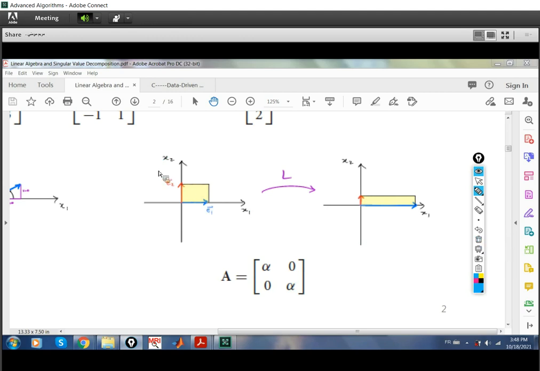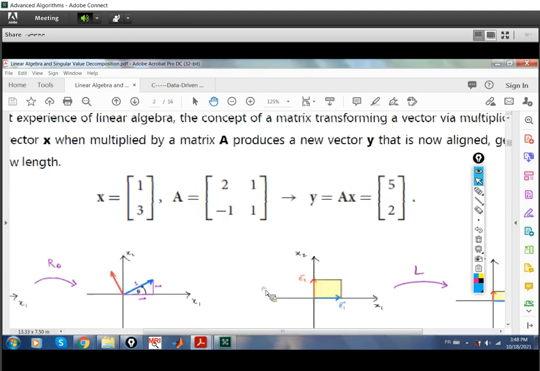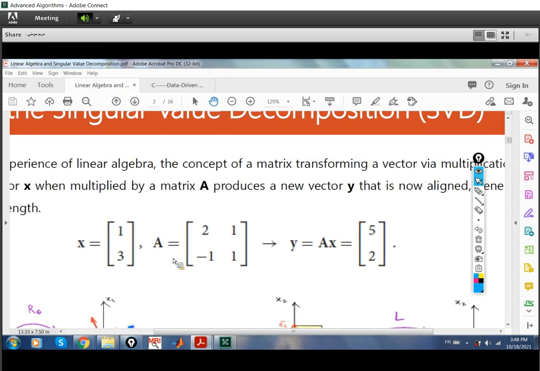For example, A here is a matrix that transfers X to Y, changes X to Y. How does it work? Consider this A here is 2, 1, minus 1 and 1.